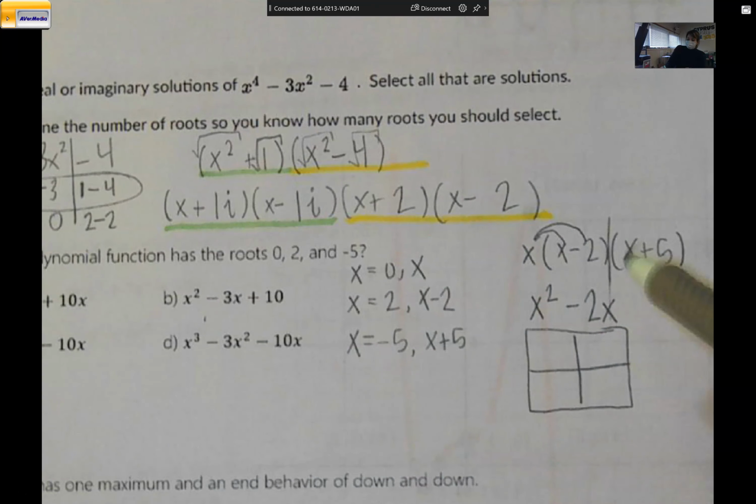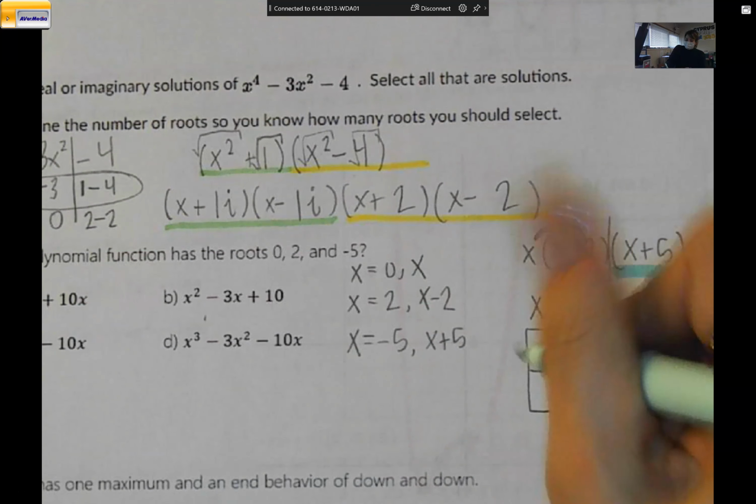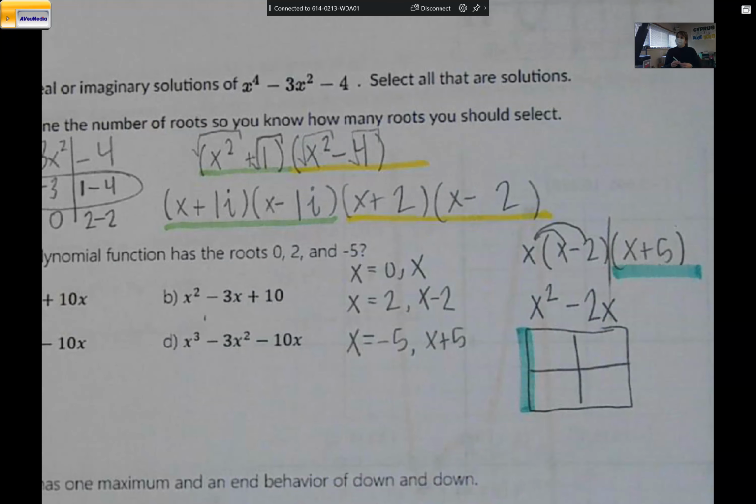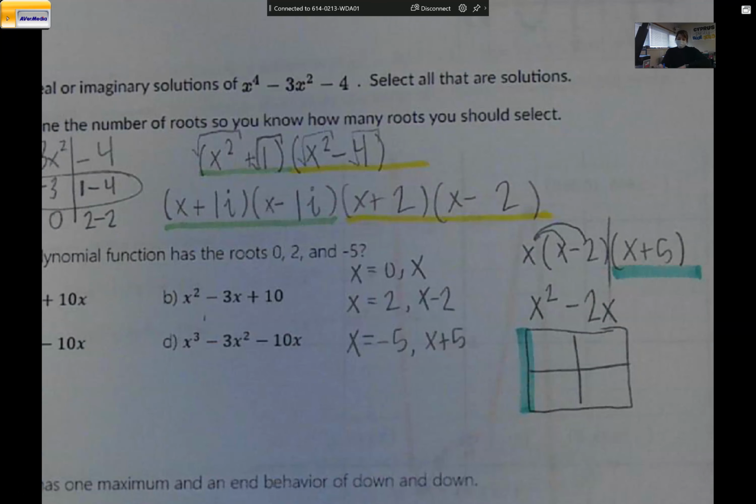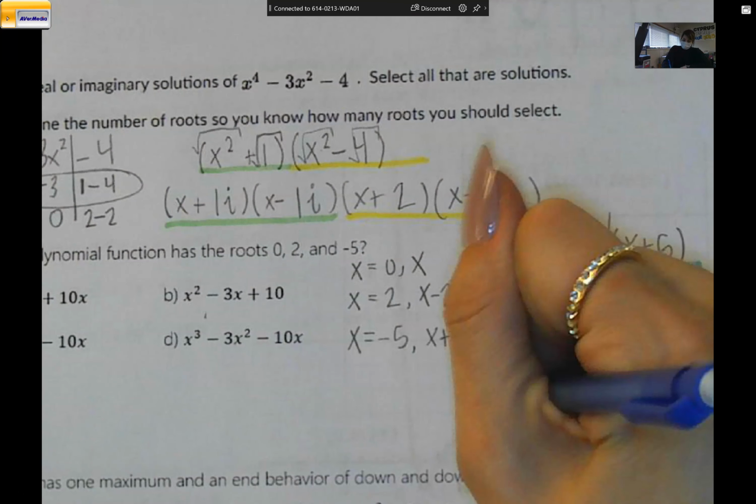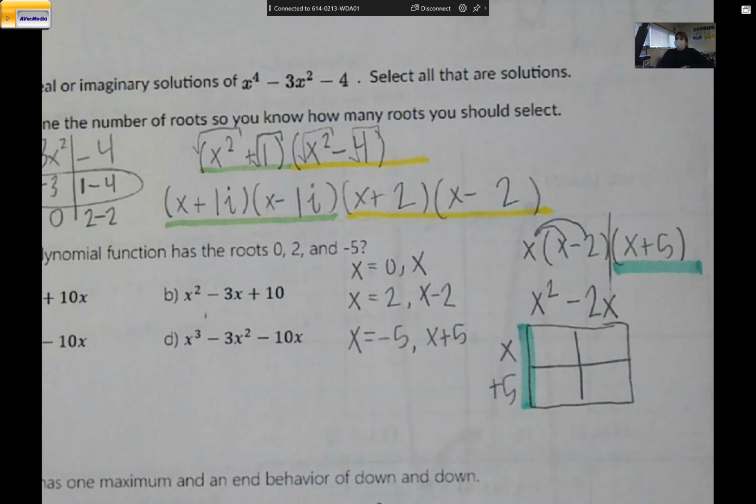So I'm going to take this x plus 5, put it down the side here, and find my solution that way. So x plus 5. X times x squared is x cubed.